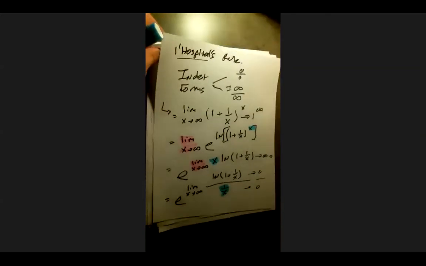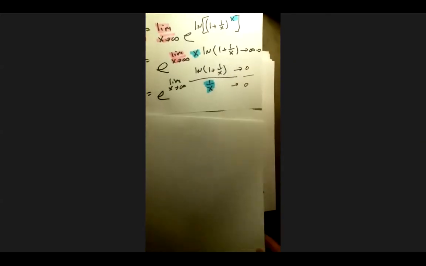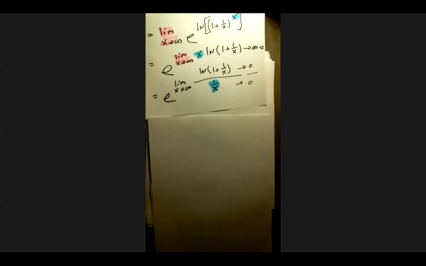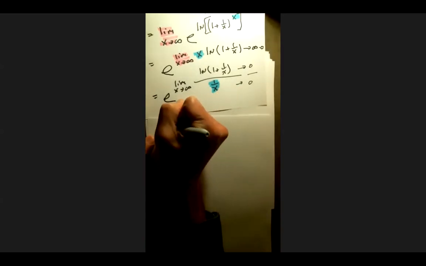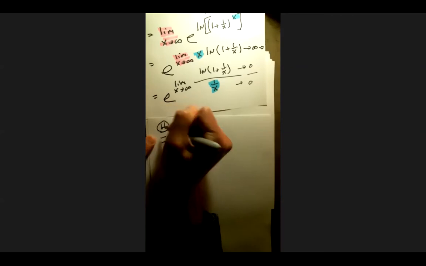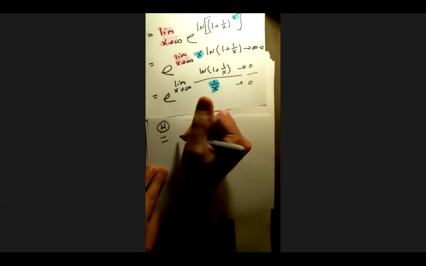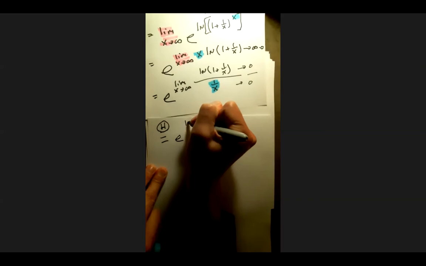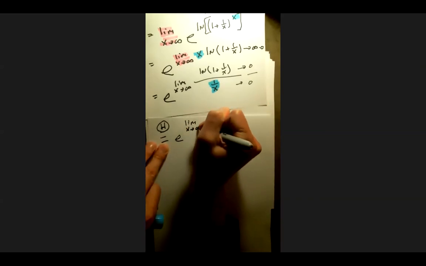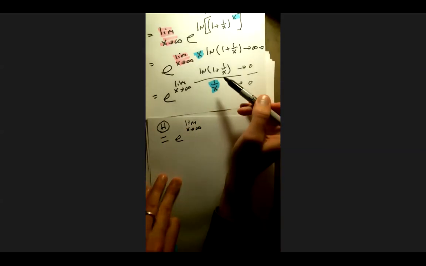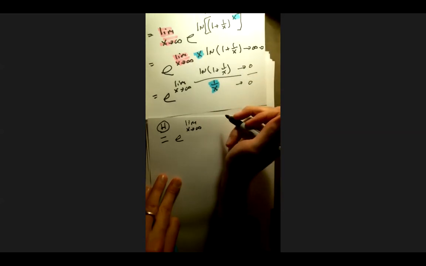Okay. So now we're going to use L'Hopital's rule. So this thing is going to be equal to, and remember when we use L'Hopital's rule, we put the little H above the equal sign so that our work makes sense. And so we have e to the limit as x approaches infinity of, and now we've got to take the derivative of the numerator, which is going to be long and ugly.